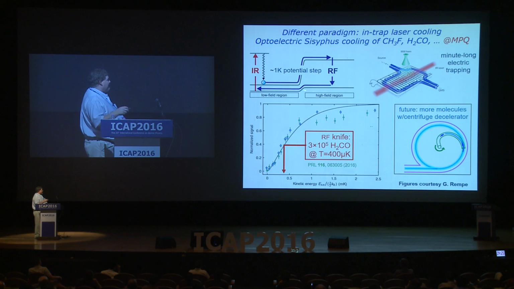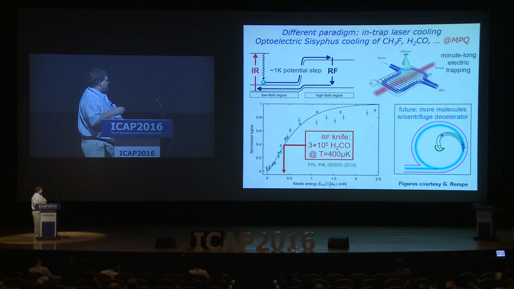With these techniques, they've been able to get down to temperatures of 400 microkelvin with very different sorts of molecules, things like methyl fluoride and whatever this is. Yeah, so molecules that are complicated enough that physicists have to think for a while what they're called.